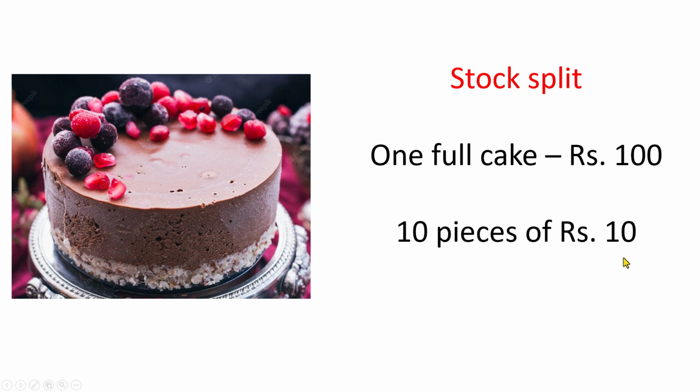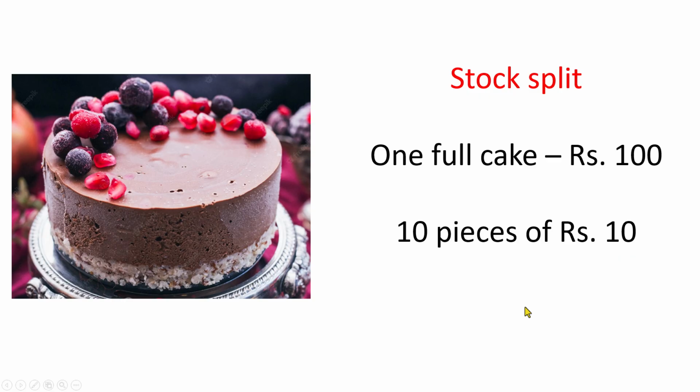So people come and buy the cake, and all the 10 pieces are sold. The shopkeeper is happy. By splitting the cake, he was able to sell the entire cake. And this is what a stock split is.